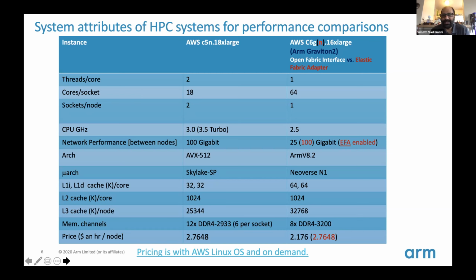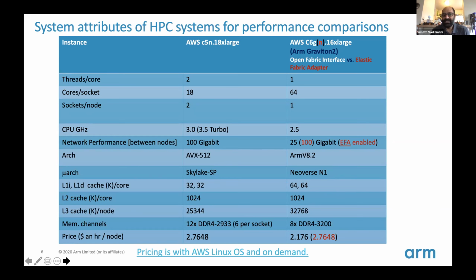And when I say C6, think of an ARM chip running 64 cores, 1 thread per core, at a slightly slower clock speed.